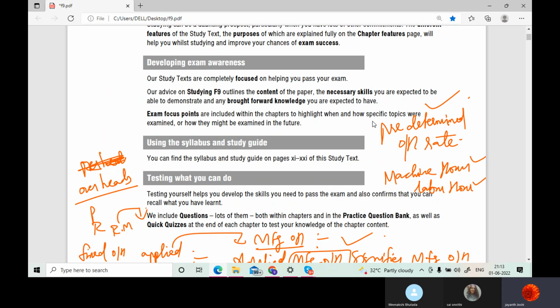So predetermined overhead is nothing but, since you don't have manufacturing overheads per unit wise, you divide them with a base, and that base can be either machine hours or labor hours.